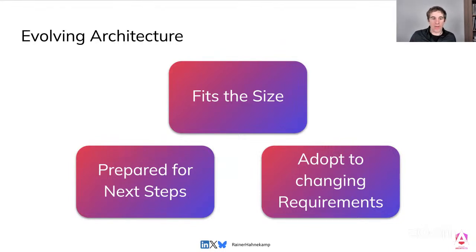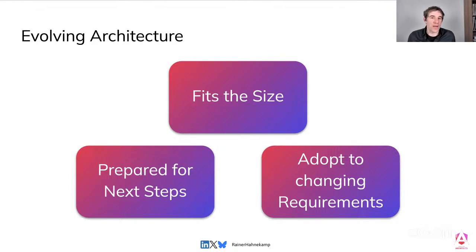This is one requirement. The second one is we want to have a plan. If our application grows, we also want to know what the next steps will be in the architecture, what will be the next piece of the puzzle. And as we all know, requirements are changing. We cannot be sure that what our customers said today is still valid tomorrow.